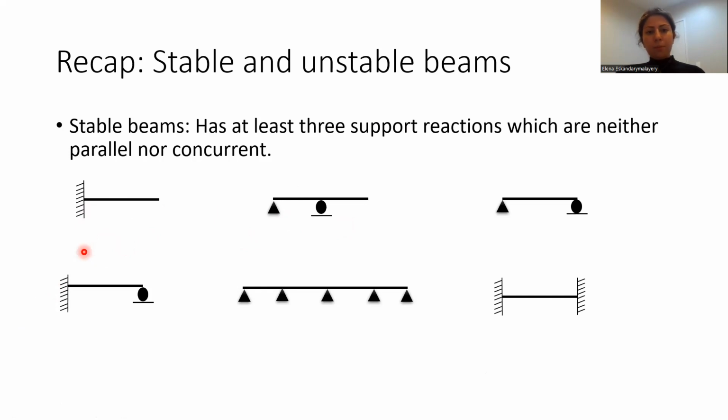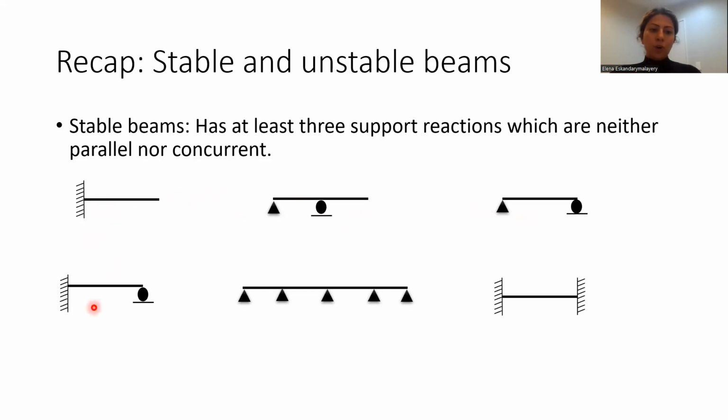So if you remember, we discussed stability. For being stable, we need at least three supports or support reactions which are not concurrent and not parallel. So these three are stable and determinate.